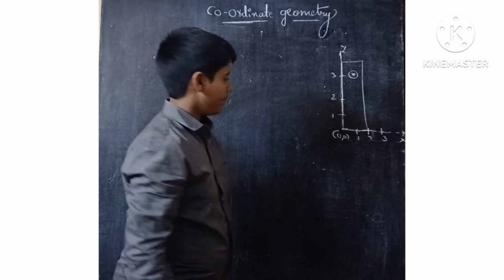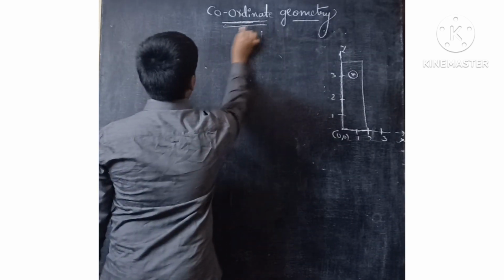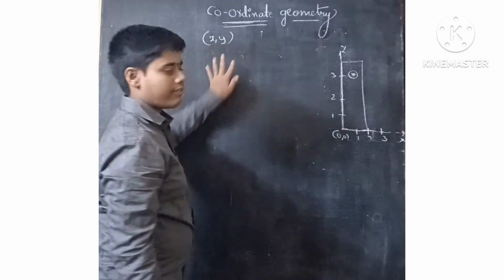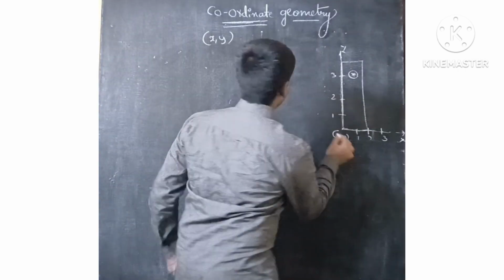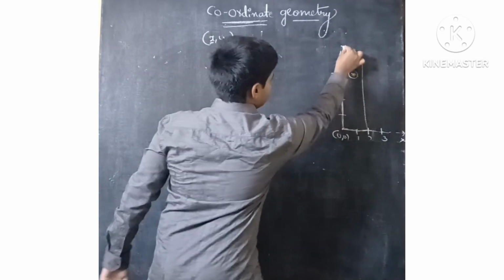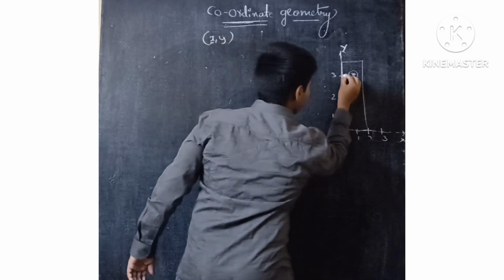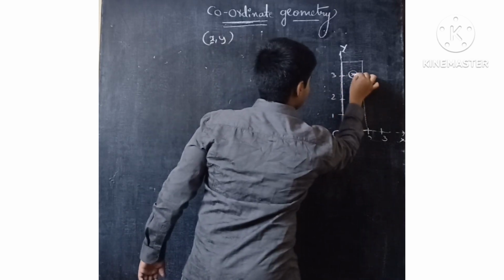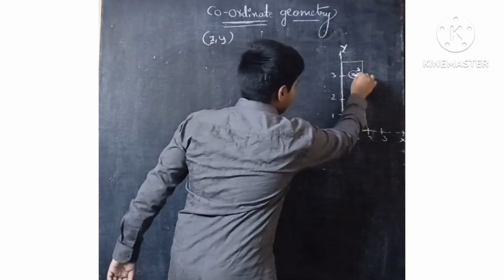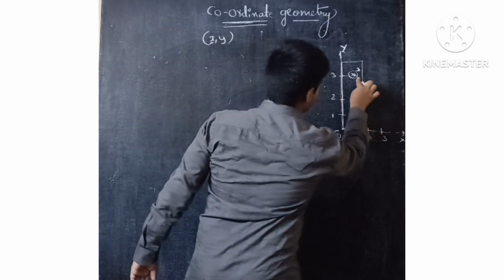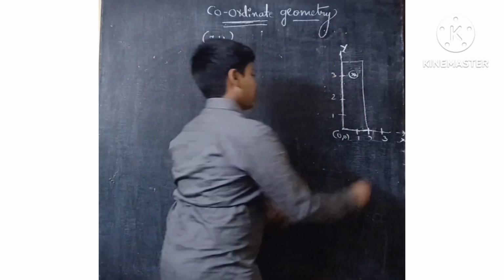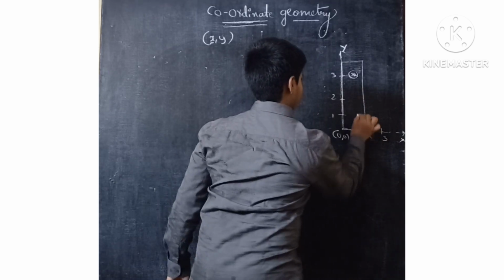How to look at the clock? In this, the main topic is to represent an ordered pair with the values of x and y. The x coordinate value means the distance from the y-axis. The distance from the y-axis is 3, so the x value is 3 here.